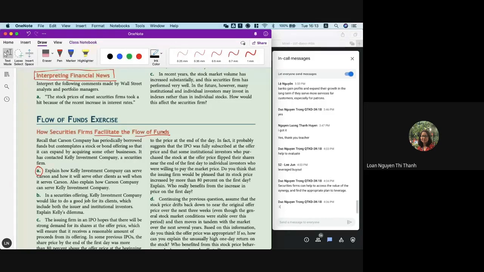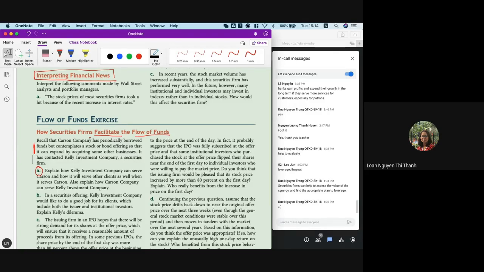We have the situation, the Carson Company has periodically borrowed, but it is contemplating a stock or bond offering so that it can expand by acquiring some other businesses. Like it kind of demand from the Carson Company. Needs, okay? I need more funding. Long-term funding, stock, or bond offering.